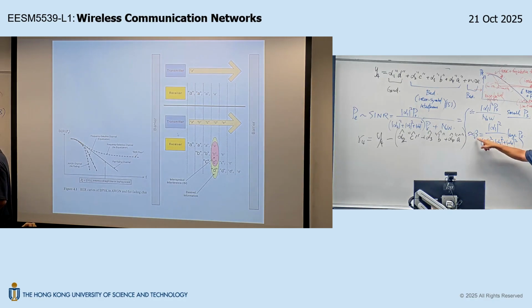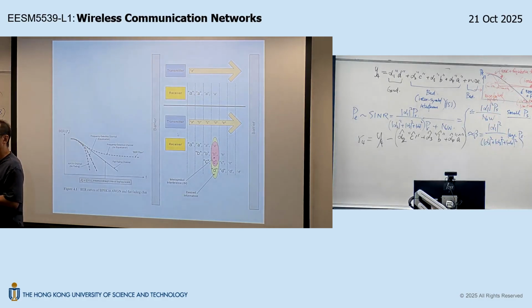And in that case, this beta will be much higher, and that will help to push the error floor lower. You may still have an error floor, but the error floor is lower. Practically, you may not need to eliminate the error floor. You just need to push the error floor below your operating target, and that would be good enough. Is that okay? So that would be the equalization strategy.